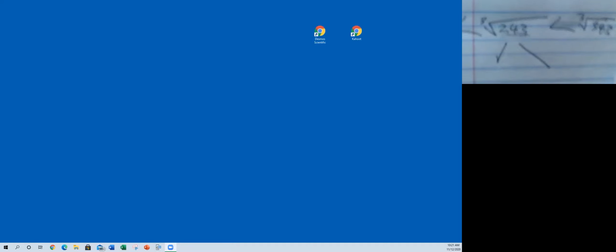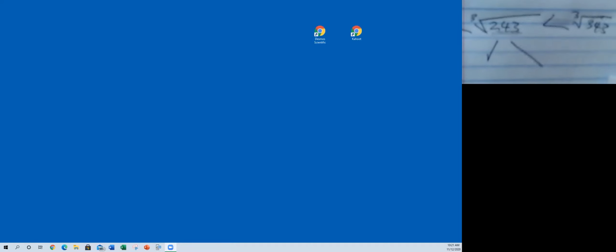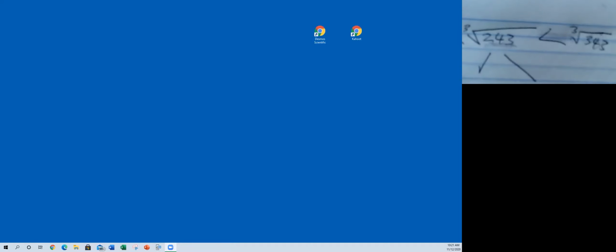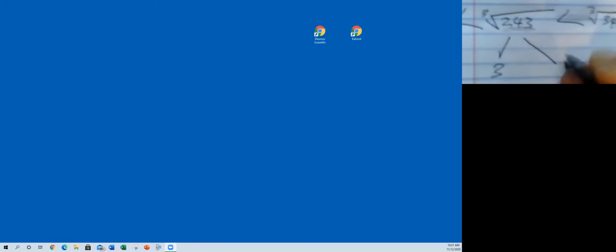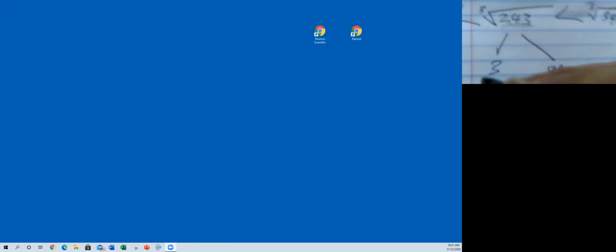That's real simple. So 243, what's a factor of that? Let's try 3 here. 243 divided by 3 gives us 81. That's an easy one. 3 and 81. Now these are both cube roots to pay attention to.